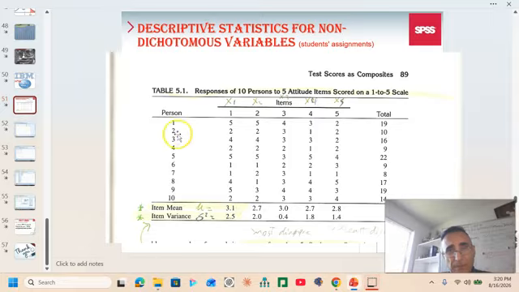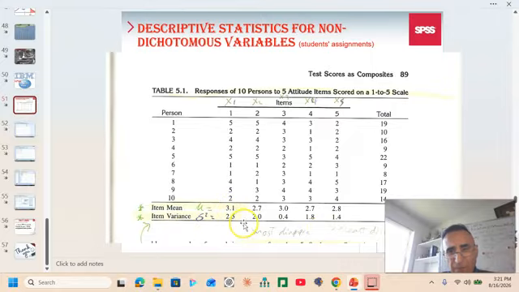So you can see person 1, question 1 got 5 out of 5. Question 2, 5 out of 5. Question 3, 4 out of 5. And then person 2, question 1 got 2 out of 5. That's how you read it. And then you see the total for each person. And then the item mean for each question was calculated, and the item variance.